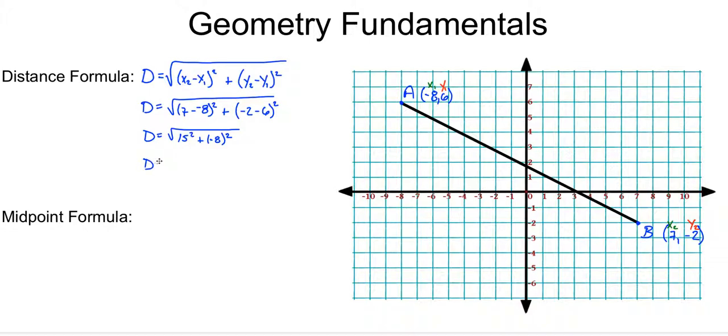So that's going to be the square root of 225 plus 64. It's the square root of 289. If we actually just plug that in the calculator and simplify it, it comes out to be 17. So the distance, or the length of that line, is going to be 17 units.